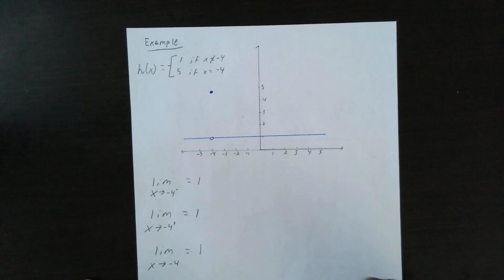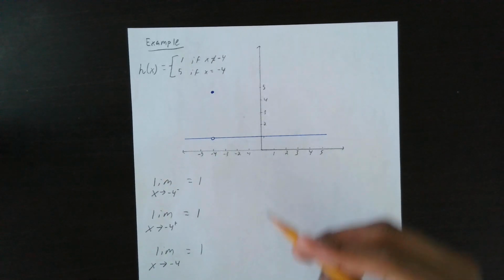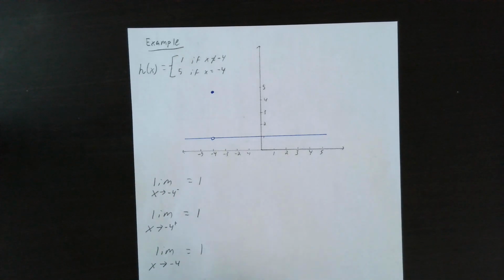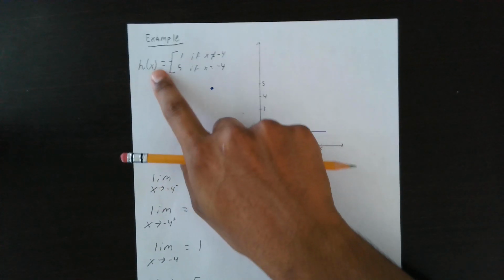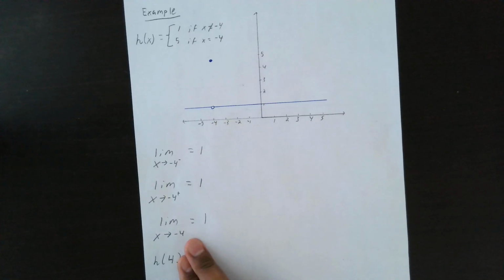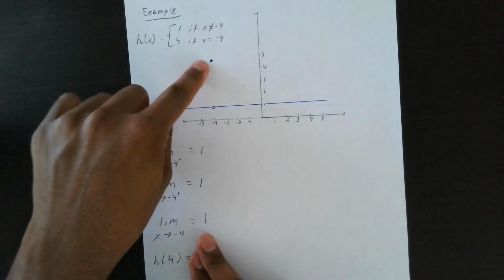So we have a limit here. Now, what is the function value? What is h of -4, because our function is h? It's right here.